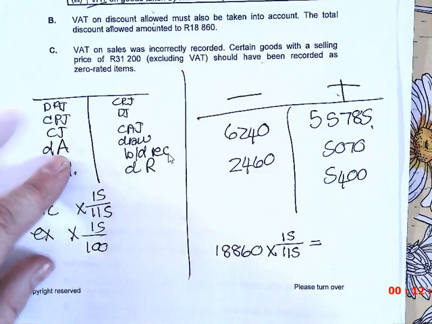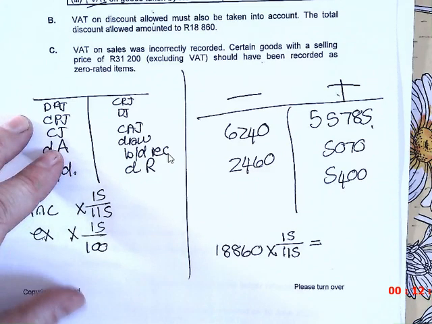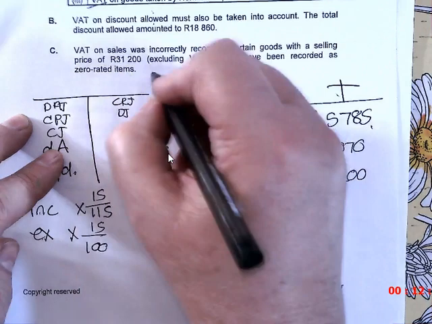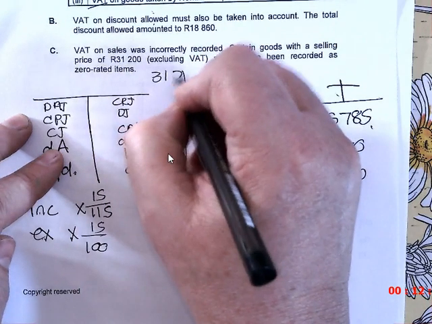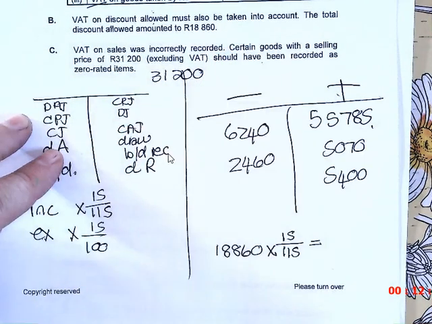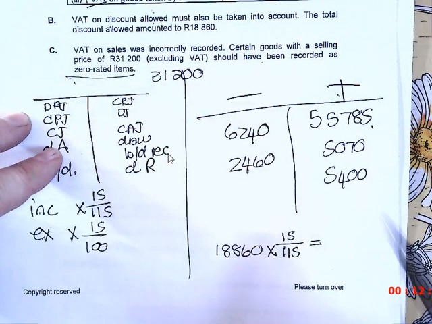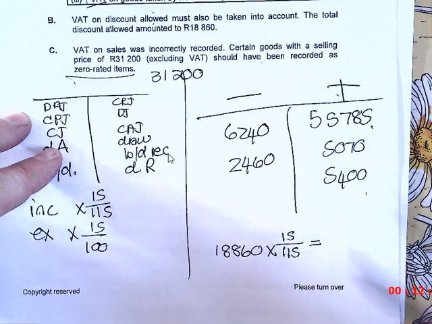Yes. Okay. Now, VAT on sales was incorrectly recorded. Remember credit side, ne? Certain goods with a selling price of 31,200, excluding VAT, should have been recorded as zero rated. So in other words, it's overstated.